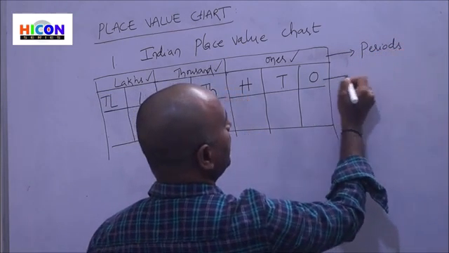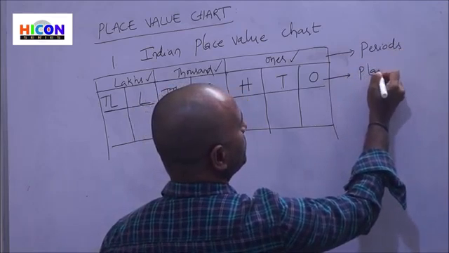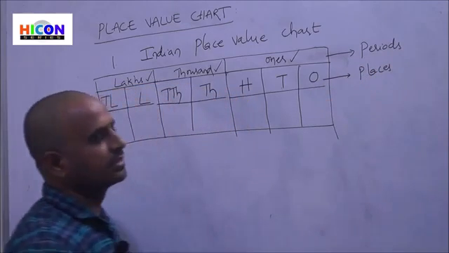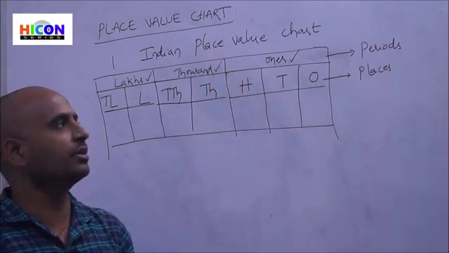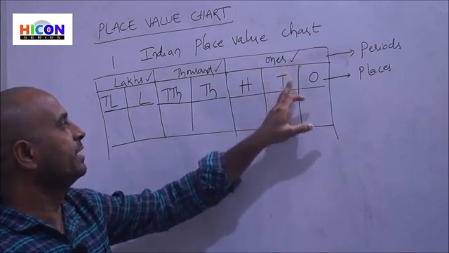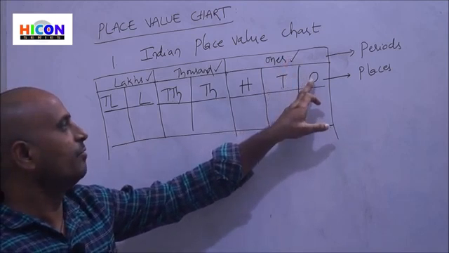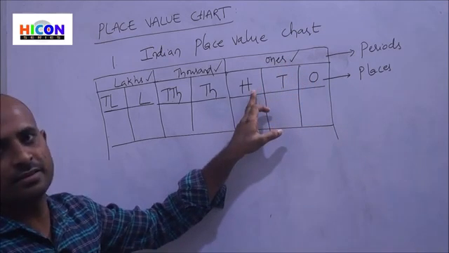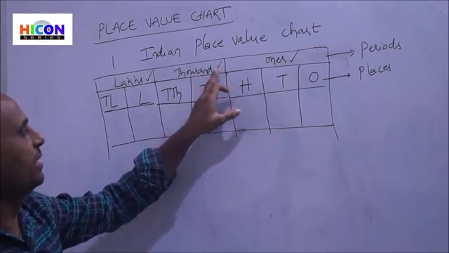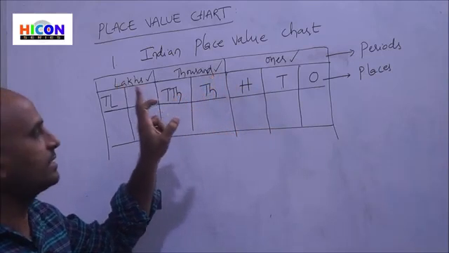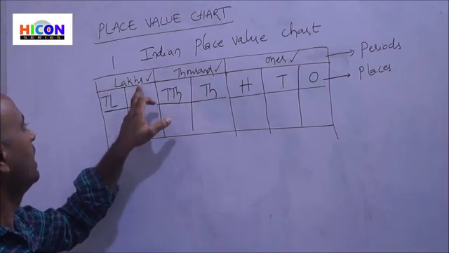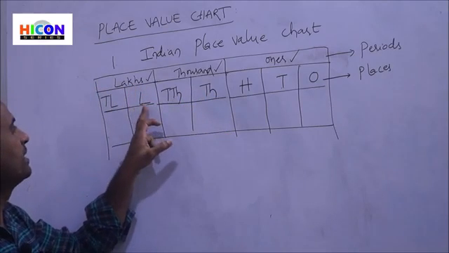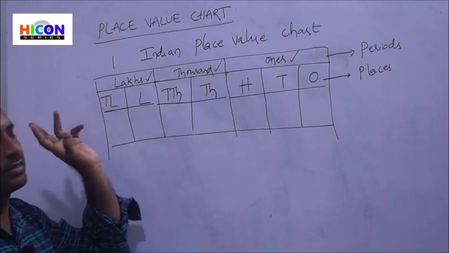In the ones period there are three places, ones, tens, hundreds. In the thousands period there are two places, thousands and 10,000s. In the lakhs period there are two places, lakhs and 10 lakhs.